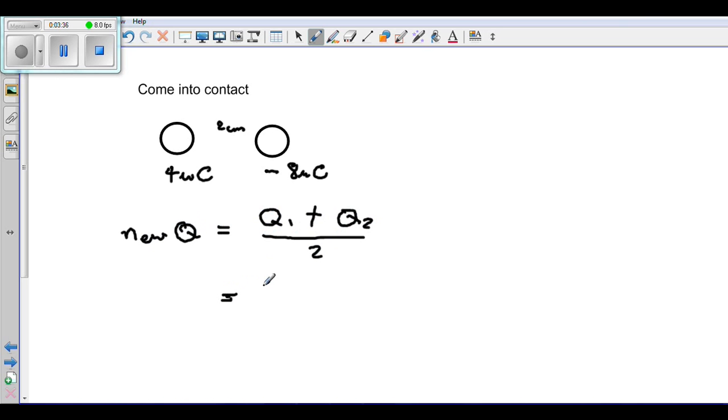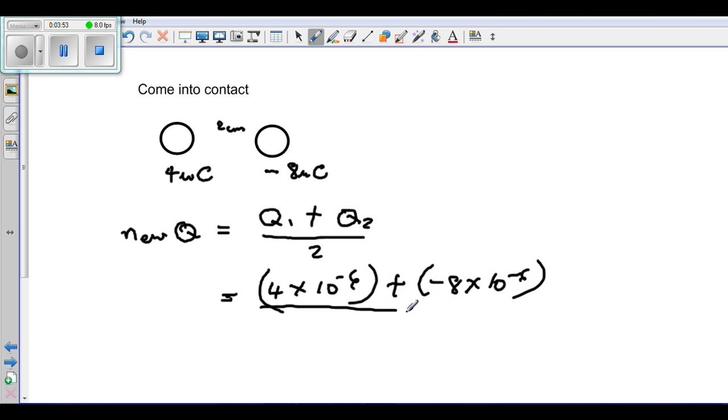In this case, we got 4 microcoulombs, so it's 4 times 10 to the minus 6, and then plus the minus 8 microcoulombs, and you divide it by 2. If you take a calculator and work this out, we're going to get minus 4 divided by 2, and it gives you minus 2 times 10 to the minus 6 coulombs.